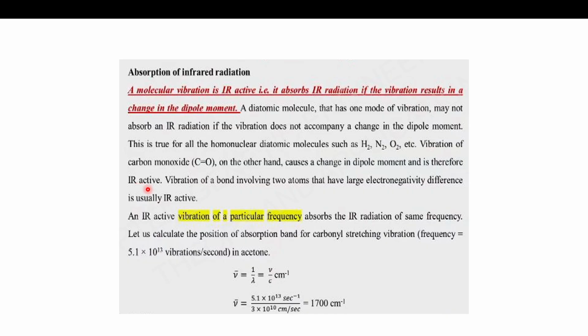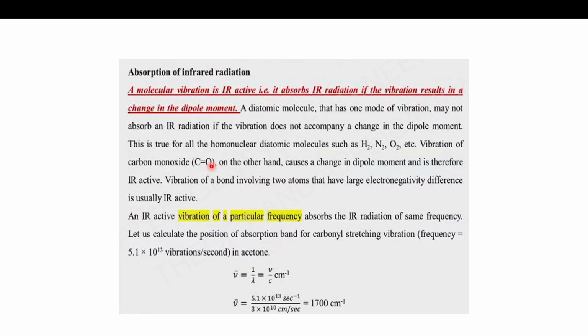So for any molecule to be IR active, there needs to be vibration definitely, but the vibration should eventually lead to a change in the dipole moment. Vibration of a bond involving two atoms that have a large electronegativity difference is usually IR active. This is what is happening here, right?